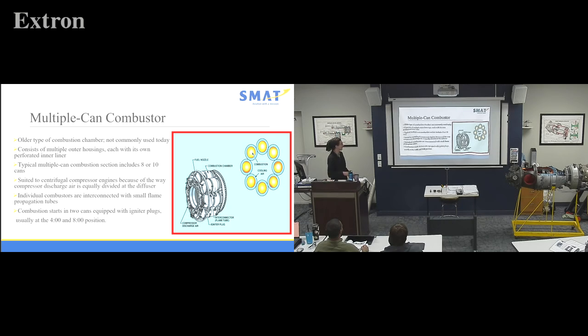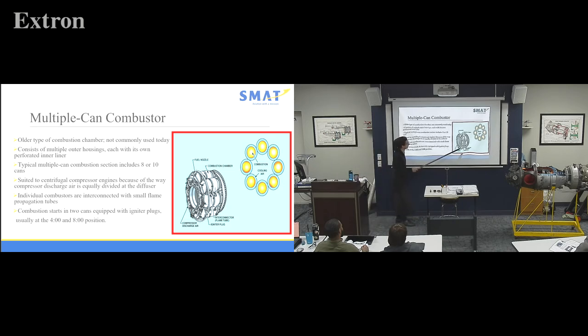So smart. This is suited for centrifugal compressor engines because of the way the compressor discharge air is equally divided at the diffuser. And the individual combustors are interconnected with small flame propagation tubes.